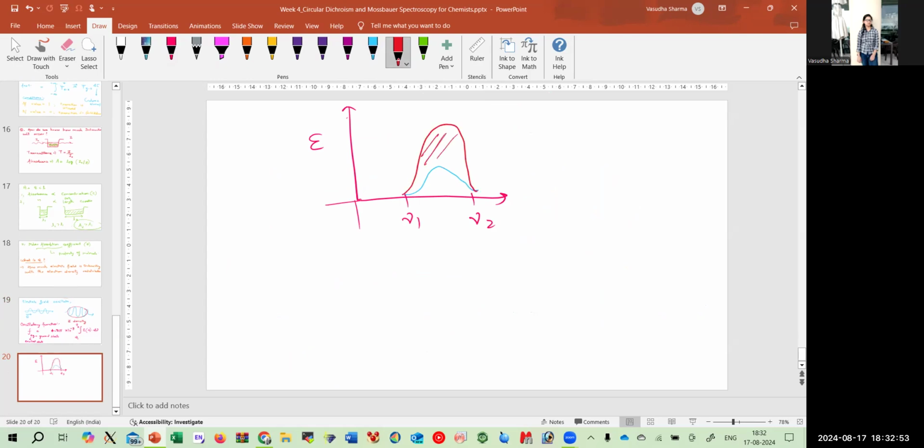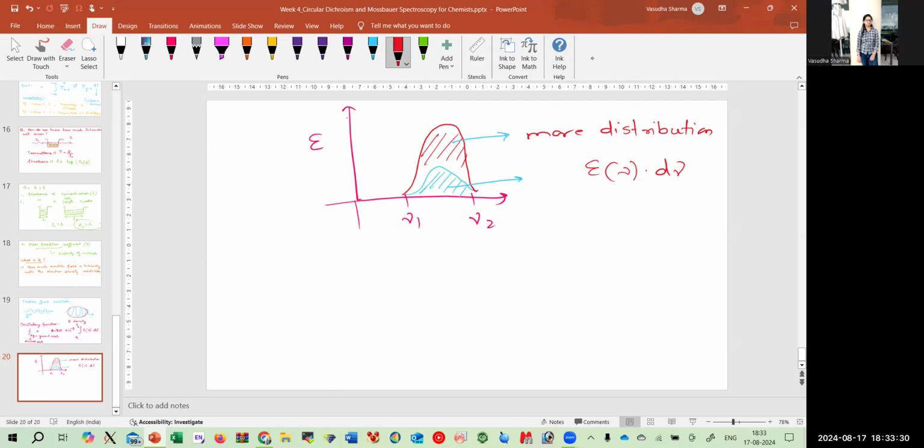This part which is highlighted in red, and this part which is highlighted in the other color. This one has more distribution, which is more value of mu to d mu. Therefore, it would have more oscillatory motion. So the area under the curve is the epsilon value, in the range of mu1 to mu2. Lower the epsilon, lower the oscillatory strength, and lower would be the transfer of the motion.